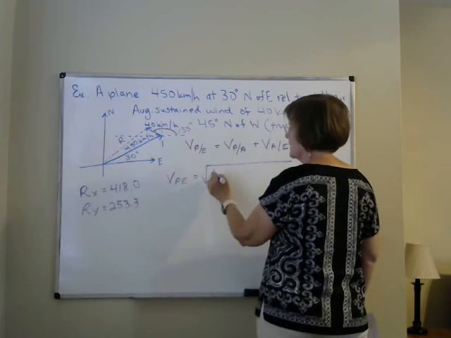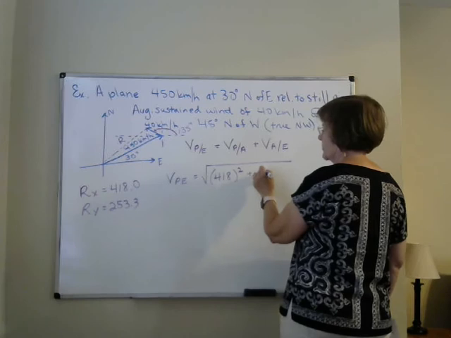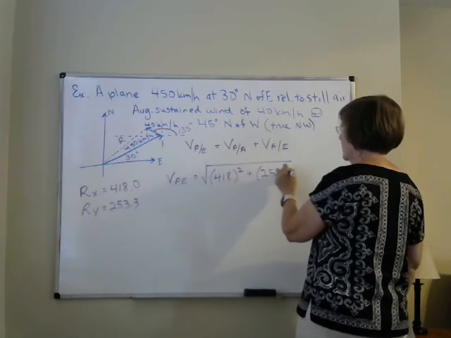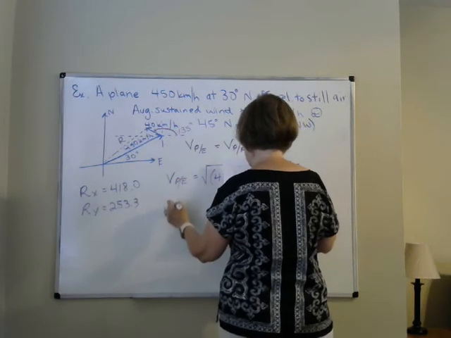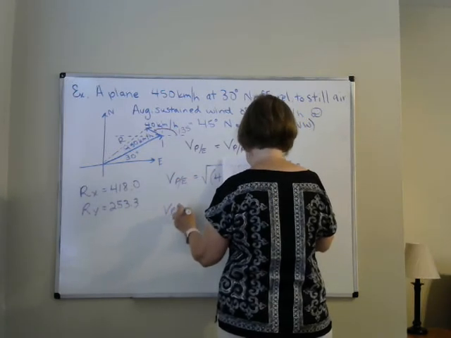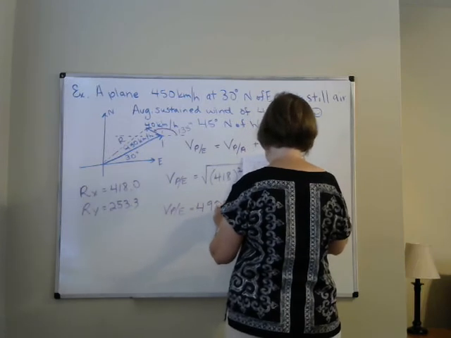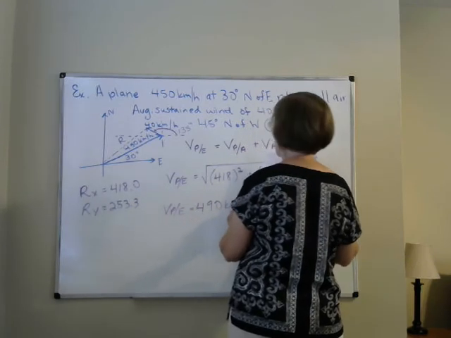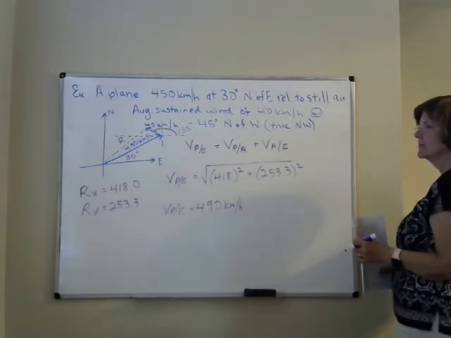So relative velocity all boils down to, can we add vectors? We just need to make sure we are adding the correct vectors. That velocity comes out to be 490 kilometers per hour. So the wind actually causes it to go a little bit faster.